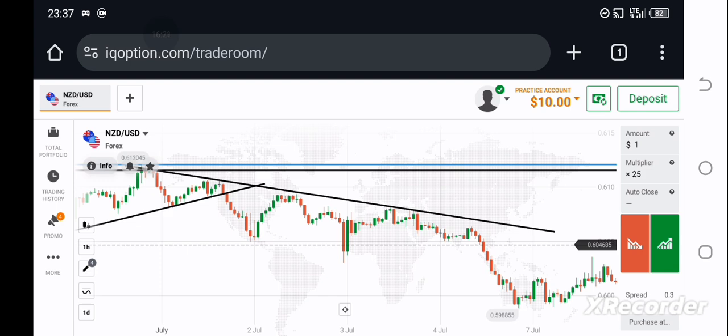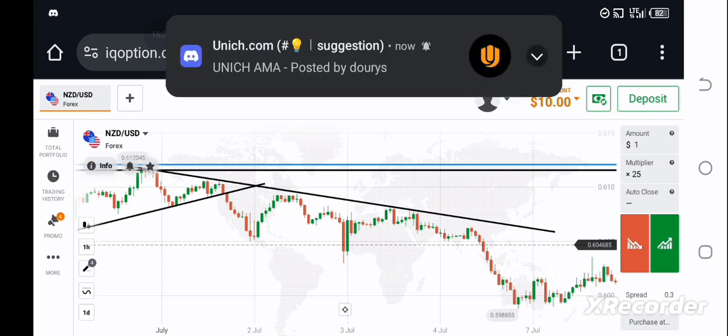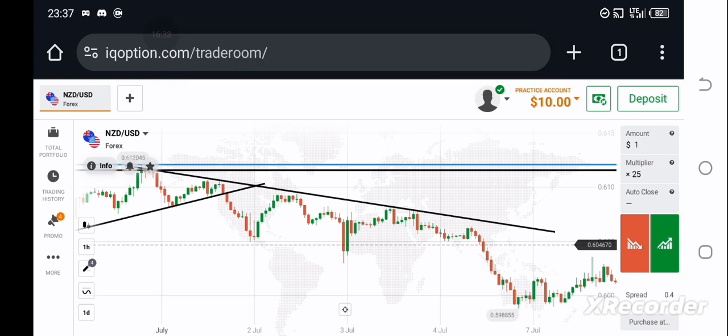After which you look for a reversal candlestick, like a spinning top candle, a doji candle, an engulfing candle, a marubozu candle. After seeing the weakness on the side of the sellers, then you can open a position.